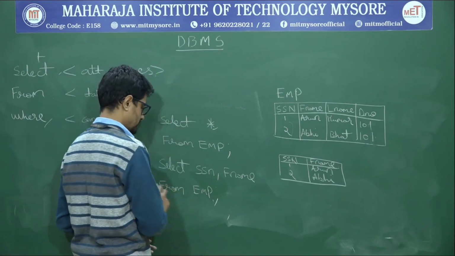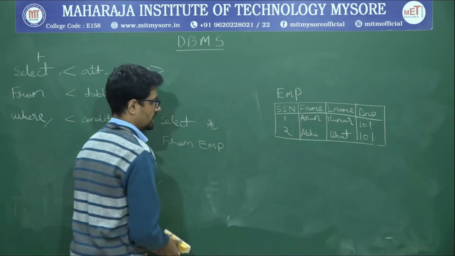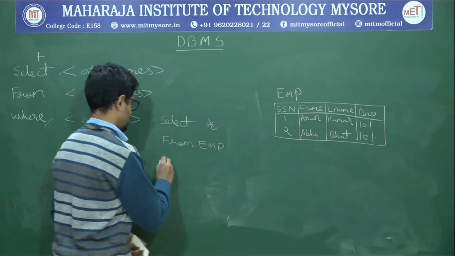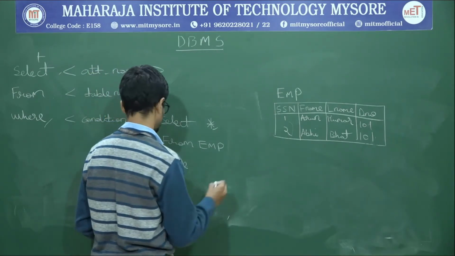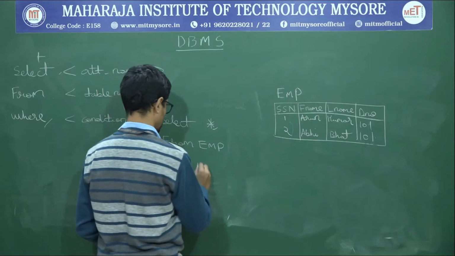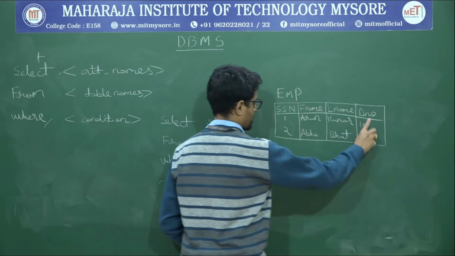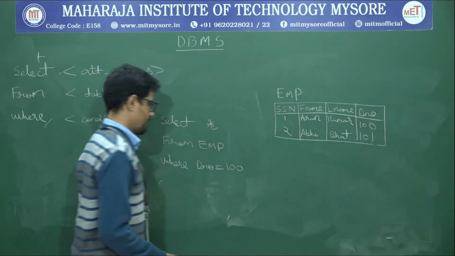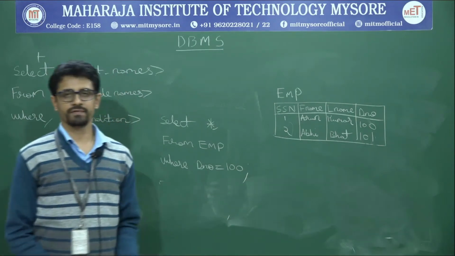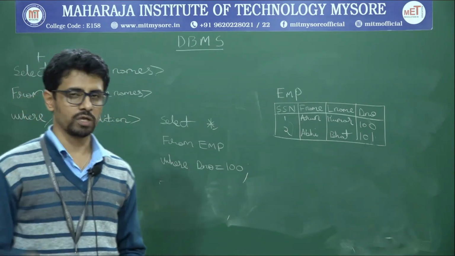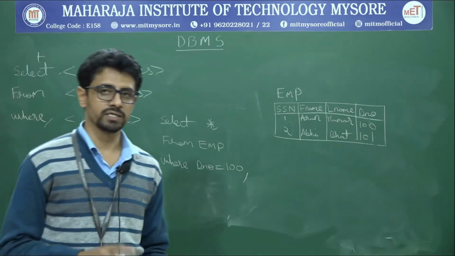Say for example, let me put some more values. So I am saying select star from employee, where star indicates, as you all know, all the attributes of the employee table, where department number equal to 100.